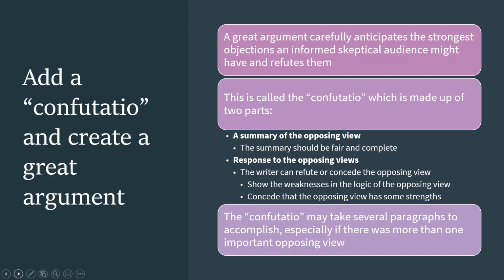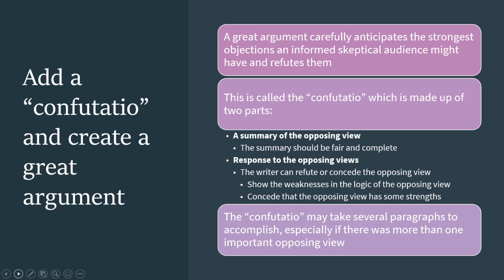And then you want a response to that opposing view. And you can do this in several different ways. The writer can fully outright refute the view, or they could refute some of it and concede that the opposing view does have some good points. In fact, that is a wonderfully balanced way to write.